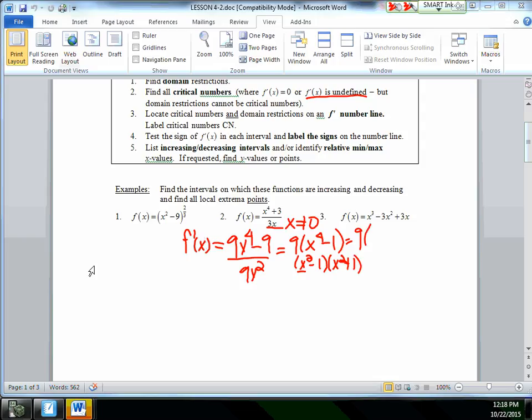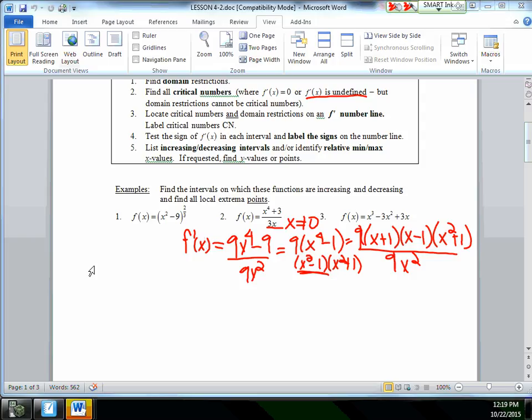Then I can factor that more to x plus 1, x minus 1, and x squared plus 1. If you wanted to go all the way down to factored form, just so you can see what's going on. And yeah, those 9s can cancel out.